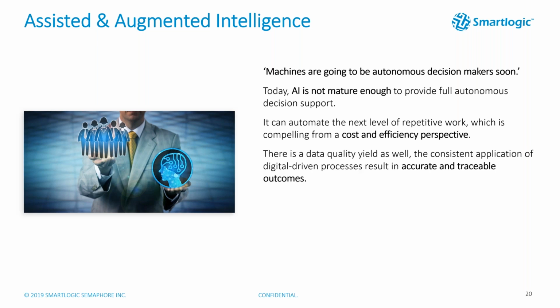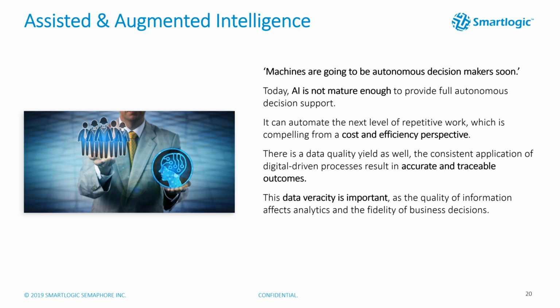And there's a data quality yield as well, because if you're getting machines to do the work, they tend not to go out to lunch, tend not to get tired, tend not to get bored. And it's the consistent application of digital processes that gets you accurate and traceable outcomes. So we can see all of that. But the idea of autonomous decision makers soon is not here.